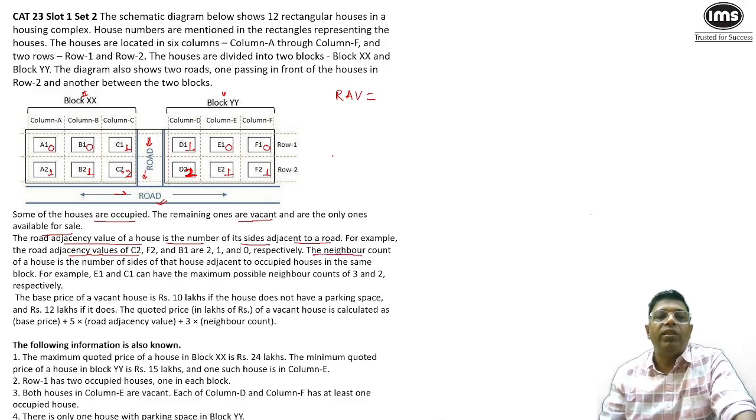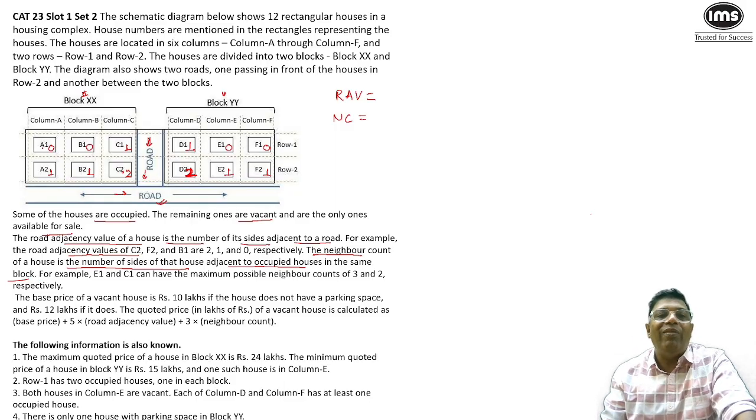And there is something called as neighbor count, that is NC. Neighbor count is the number of sides of a house adjacent to occupied houses in the same block. It means neighbor count means adjacent houses that are occupied. So we'll not count the empty houses.